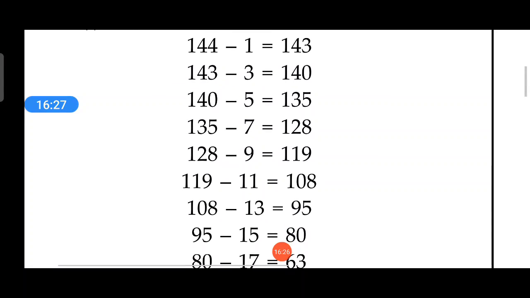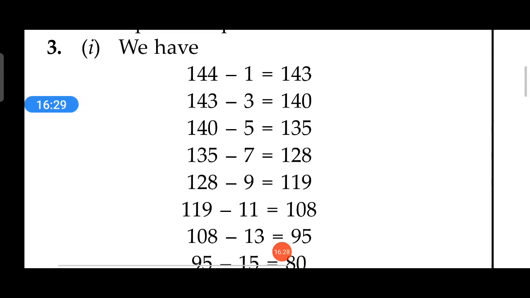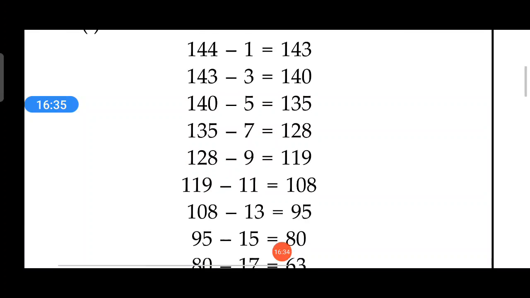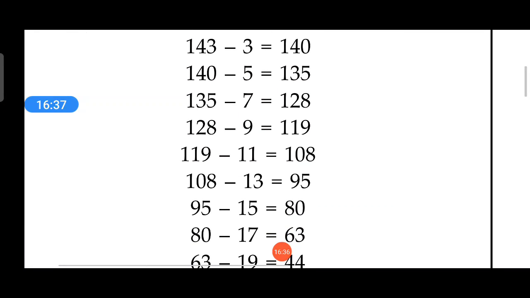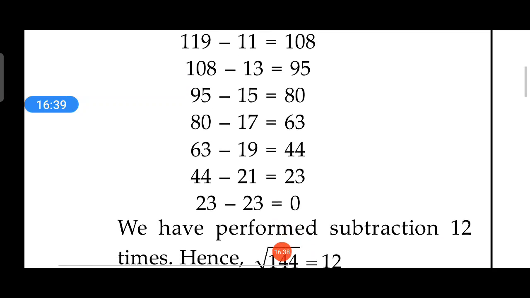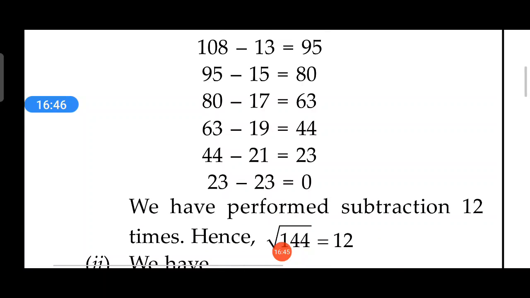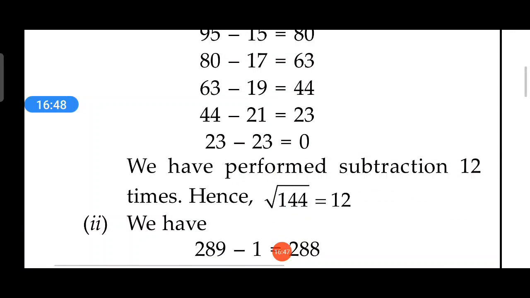All odd numbers will be subtracted from the number. So when you come to the end, up to 23, you will get 0. We have performed subtraction 12 times, hence the square root of 144 is 12.